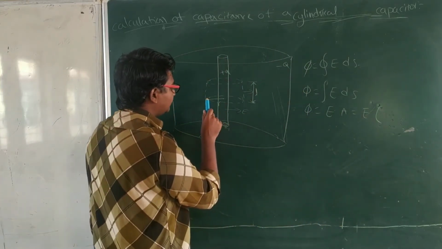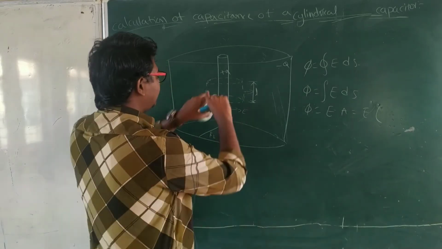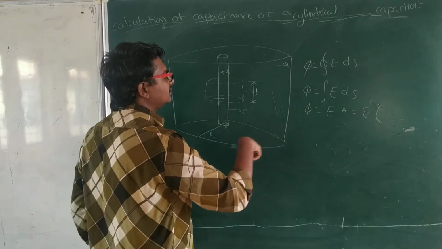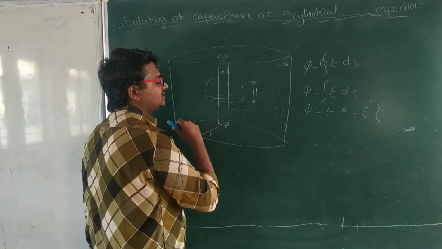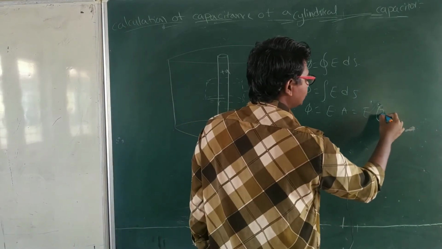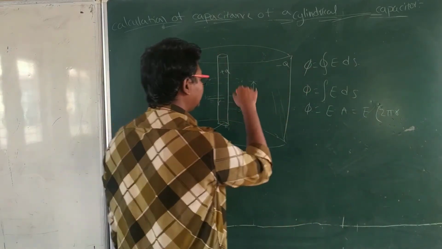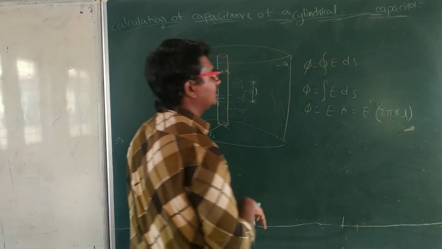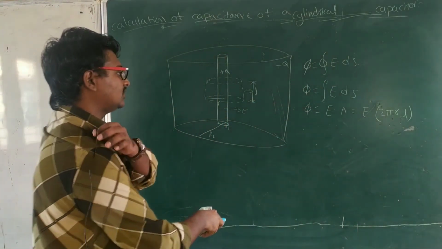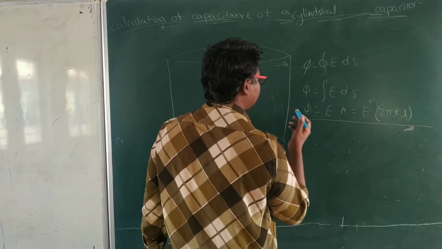If you cut this cylinder and open it, it becomes a rectangle. The length of this rectangle equals the perimeter of the circle, which is 2 pi r, and the breadth is L. So we got 2 pi r into L, and phi is equal to E into 2 pi r L. Now we need to find the value of E also.